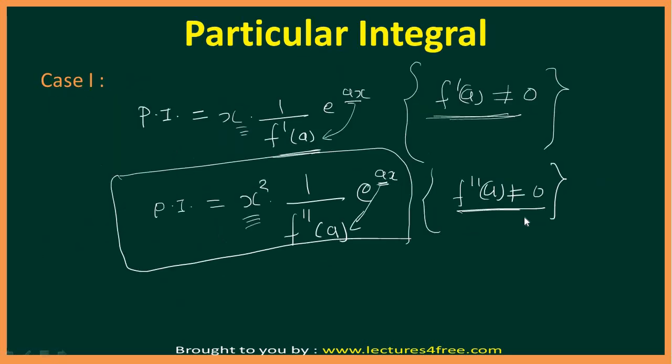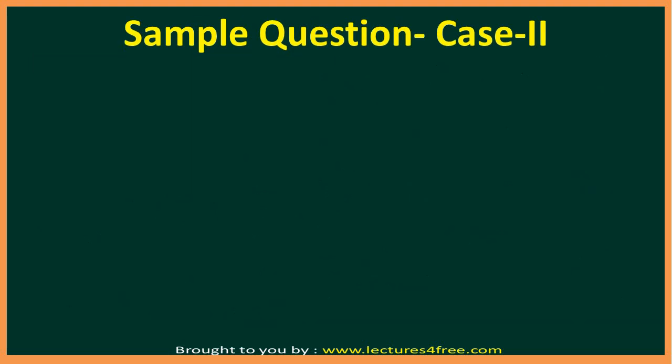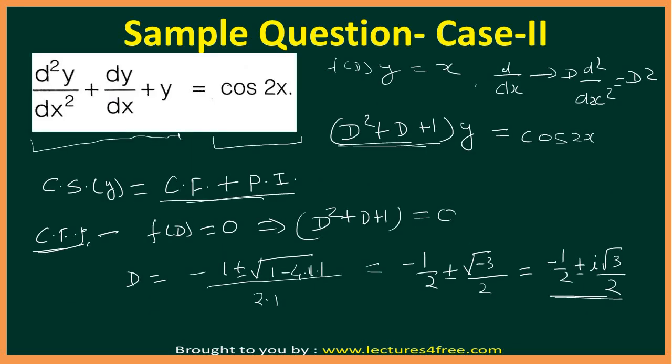In this case, alpha is minus 1 by 2 and beta is root 3 by 2.